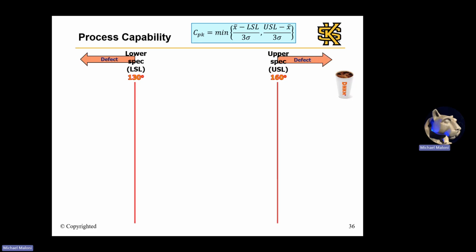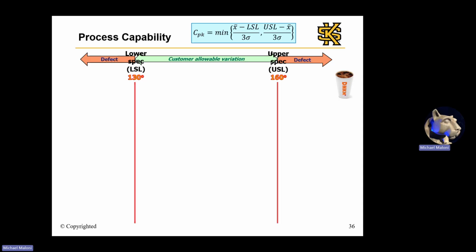Anything above that is also a defect. So everything in between 130 and 160 is not a defect. That means it's customer allowable variation. CPK evaluates where the actual process variation falls relative to these spec limits.